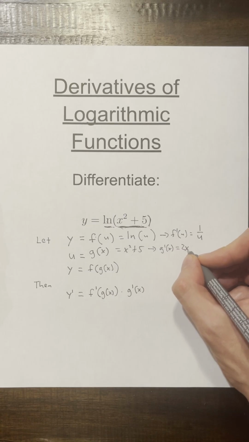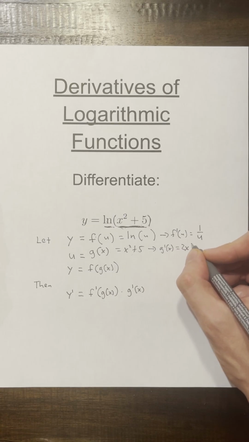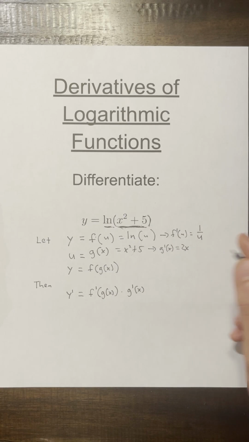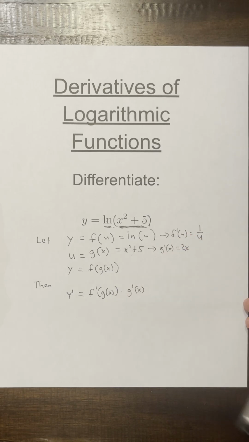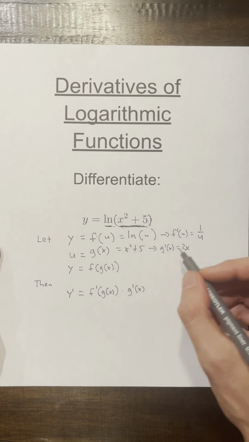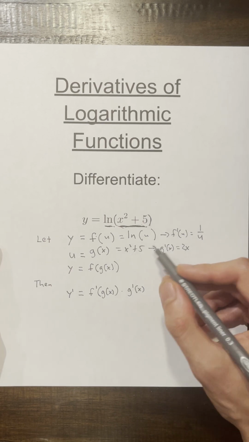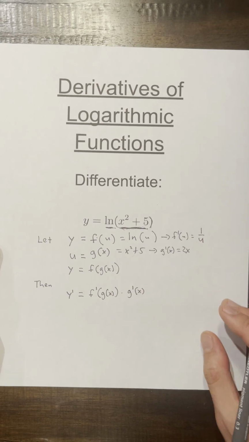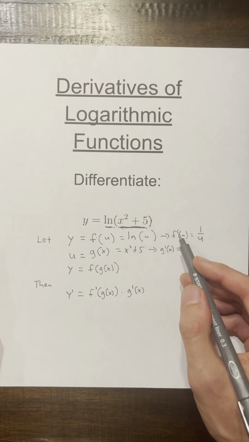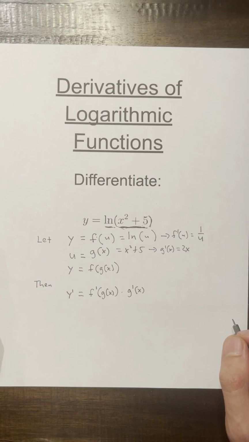Anything to the power of 1 is just itself, so I'm not going to write down the 1. And what's the derivative of 5? 0, so I won't write that down either. It turns into 2x plus 0, so just 2x. So we now have f prime and g prime.